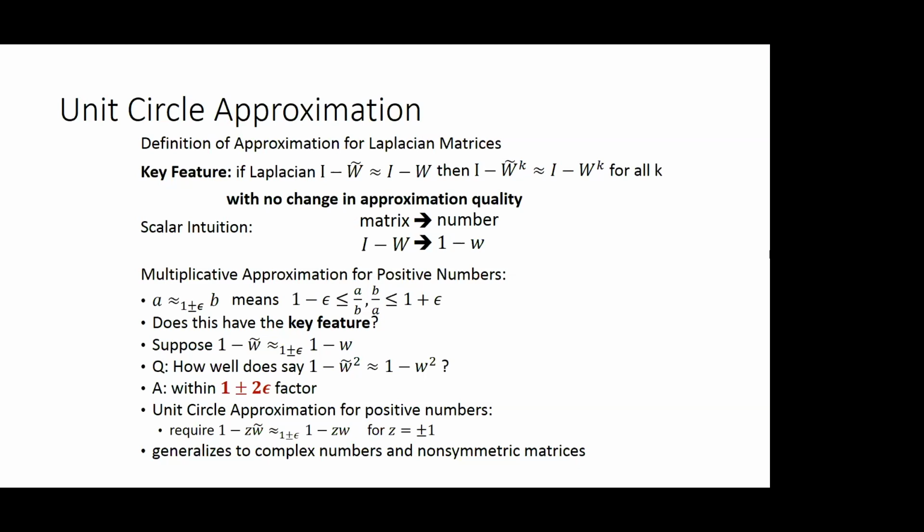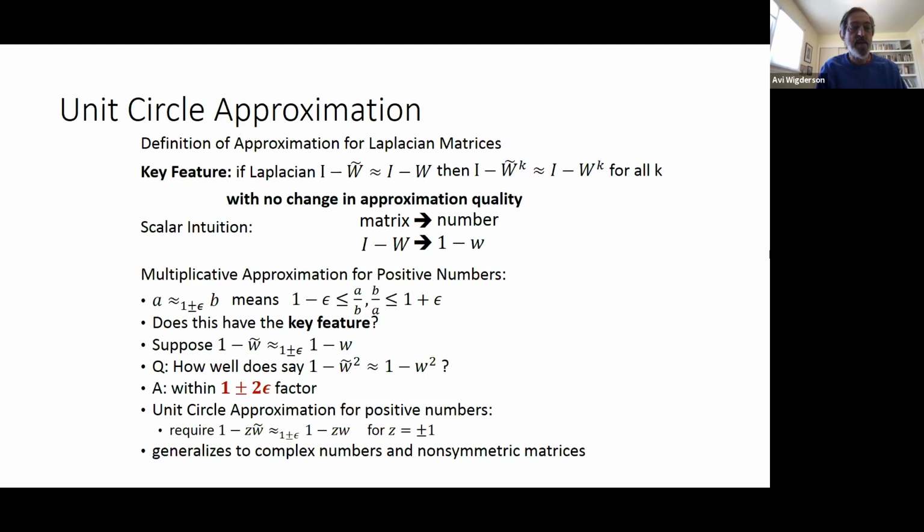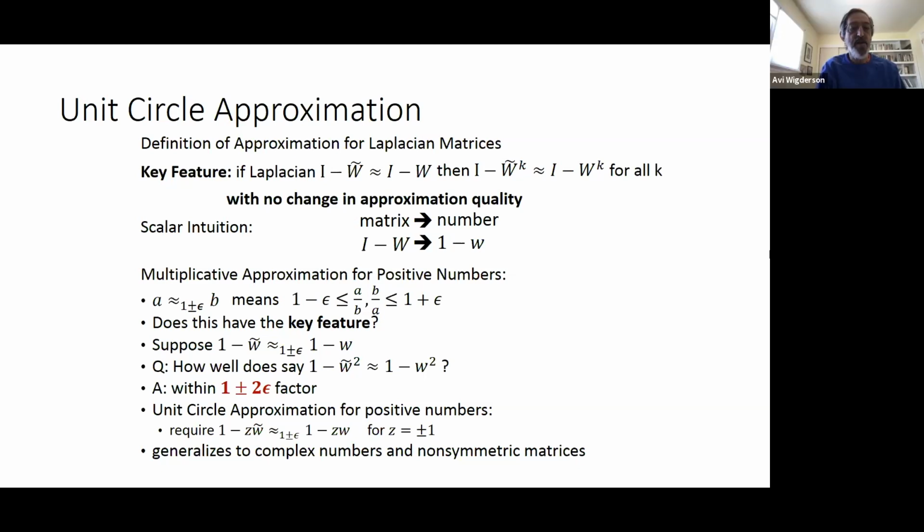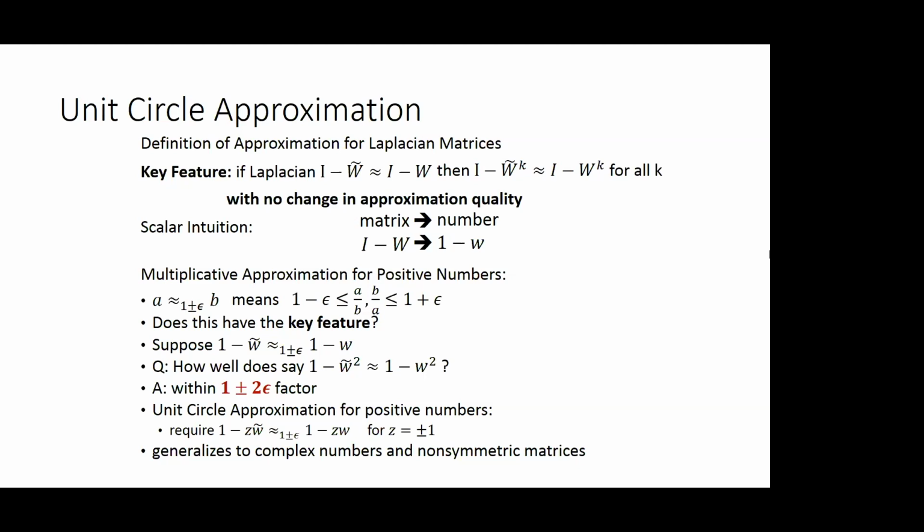Actually, it's just I minus ZW has to approximate I minus ZW tilde for all complex Z on the unit circle, where W here now is a matrix rather than a number. I see. And Z remains scalar even when you move to matrices? Yes, that's right. Z remains scalar. Okay.